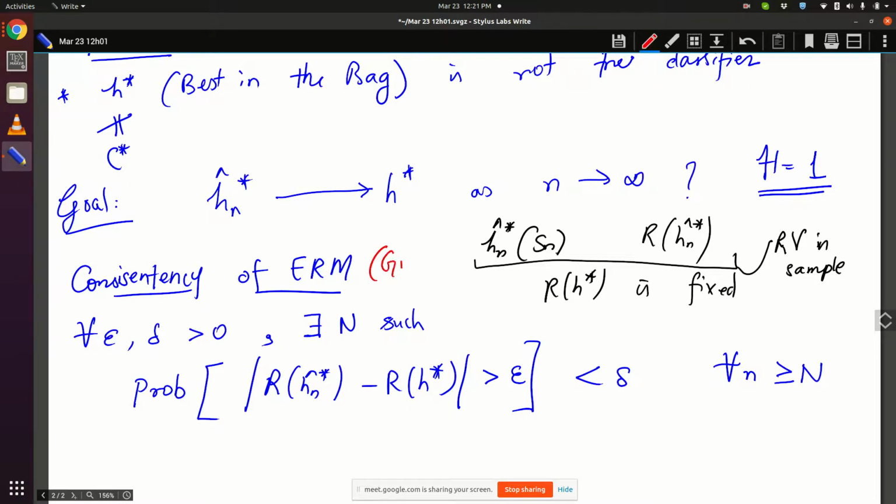I think it was Advay who said this as the goal, but now this goal is actually formalizing whatever has been told. Are there any questions here? Do you understand why this is a reasonable goal to have?